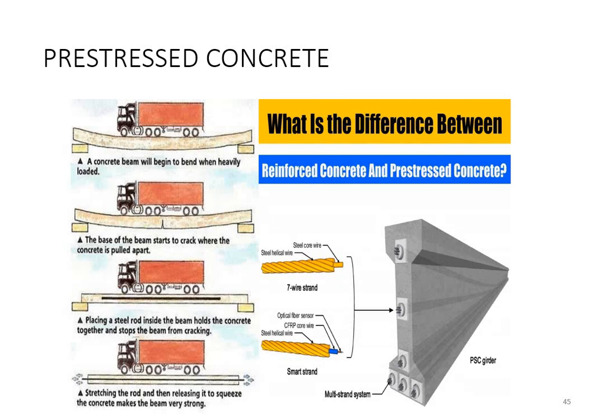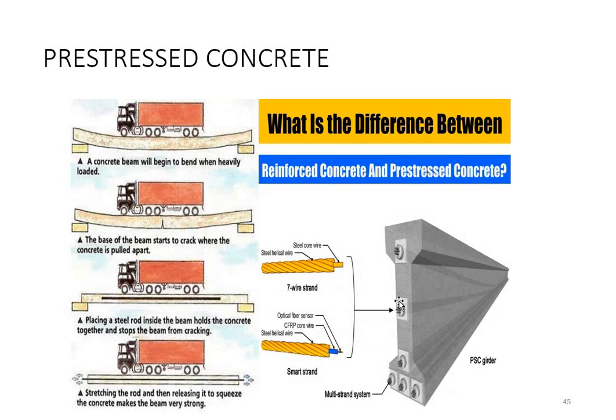Now, the third and fourth pictures show a beam which is pre-stressed. Once you have a pre-stressed beam, you place a steel rod inside and then you stress the beam by stretching the rod. It is just similar to a rubber band.